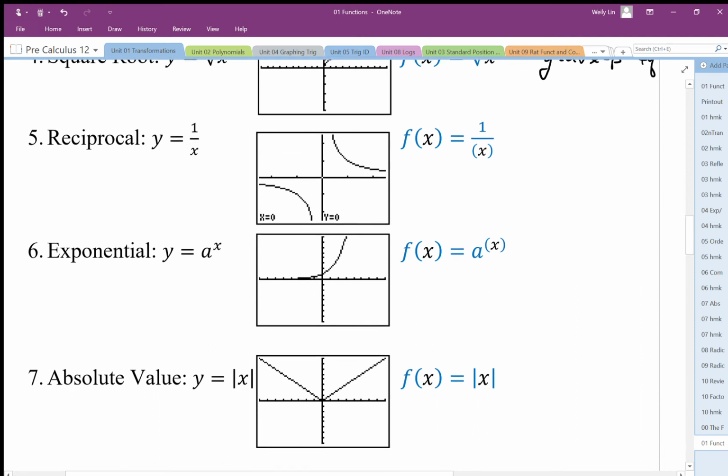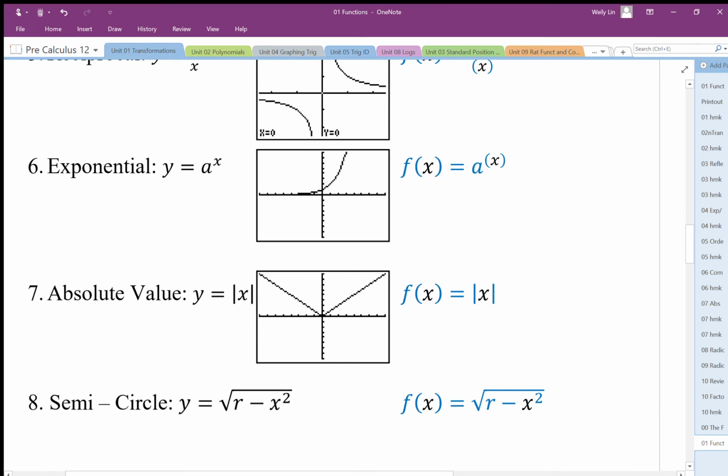The other function here is the absolute value function. You should know what this looks like. This is a V function. What the absolute value does is take positives and keep them positive, and take negatives and make them positive. You may see why we get the shape here. If we have just a linear function, the positive part is going to stay the same, and the negative parts end up being positive, so we get this V shape.